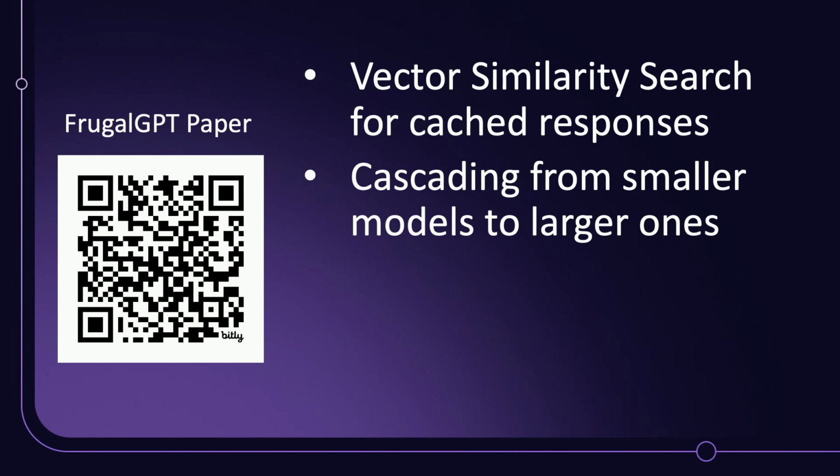Likewise, there's a concept of cascading, where there are many much cheaper models that are much smaller than something like ChatGPT 3.5 that oftentimes will return a perfectly fine answer. And so by using the confidence metric that comes back out of this, I can say, let's hit the cheap model first, see if we get a high confidence level, and if we do, let's return that answer.